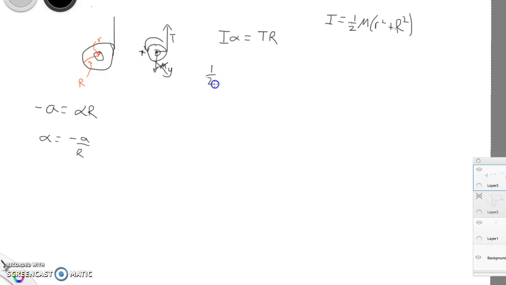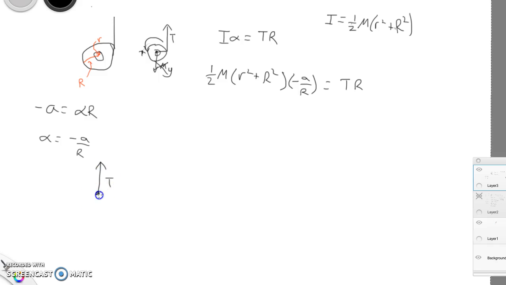So 1/2 big M times little r squared plus big R squared times negative a over r equals T times R.